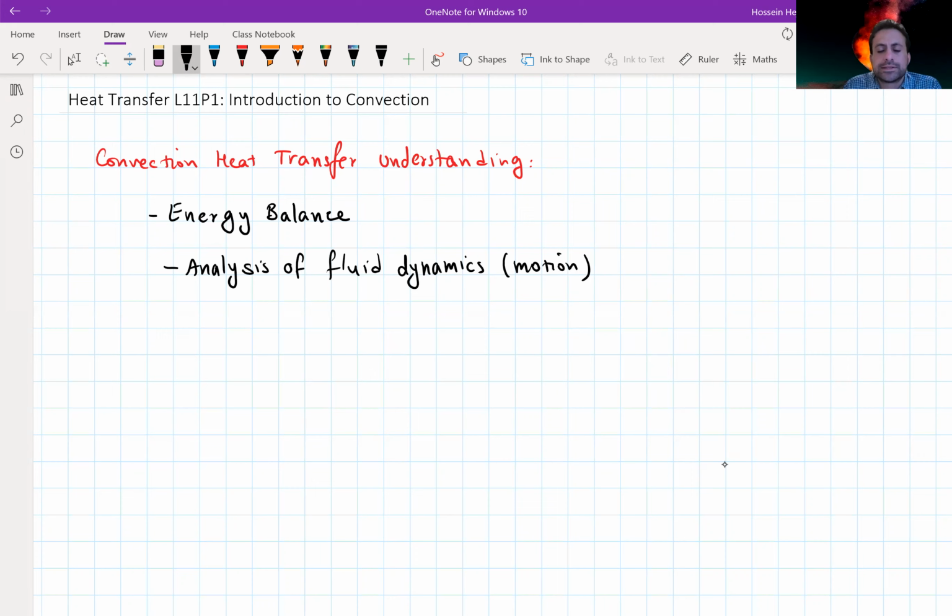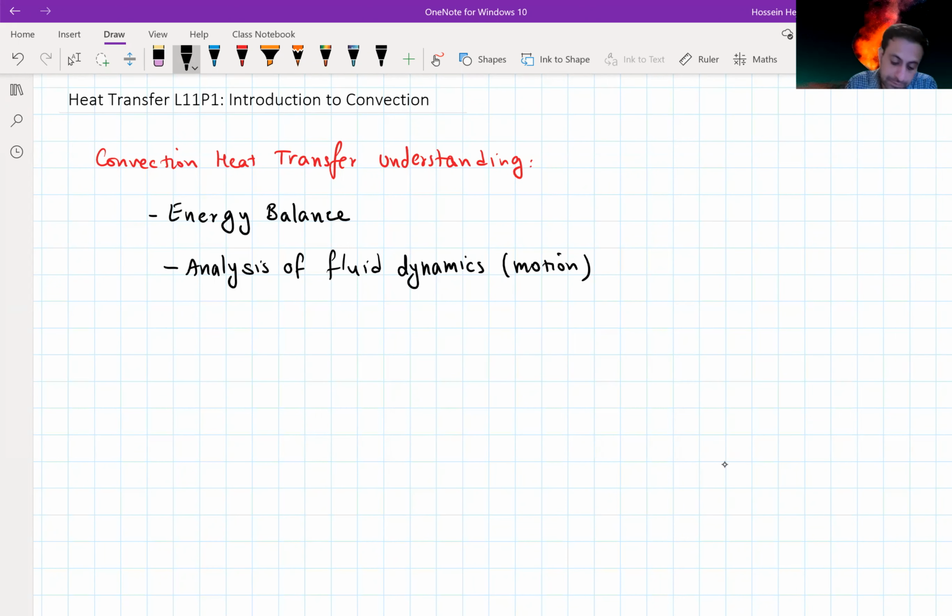We generally look at the steady state conditions, and what happens in convection is the temperature gradient inside the fluid results in the flow of heat. Now, the rate of heat transfer by convection is much larger than the rate of heat transfer by conduction alone.